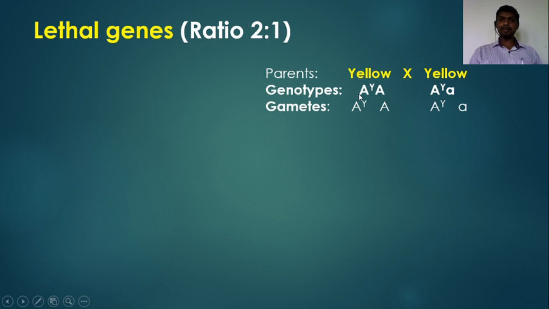One is the hybrid of yellow and agouti, the other the hybrid of yellow and black. When these parents are crossed, one produces gametes with the allele capital AY and capital A. Similarly, the other parent produces gametes capital AY and small a.